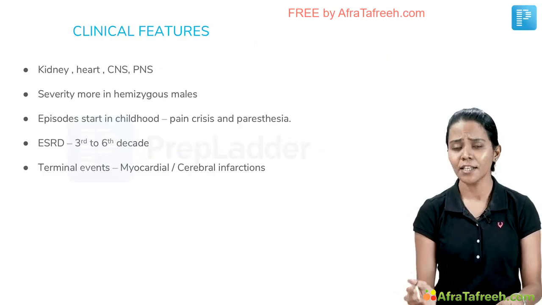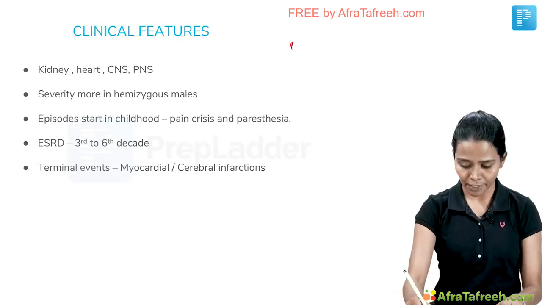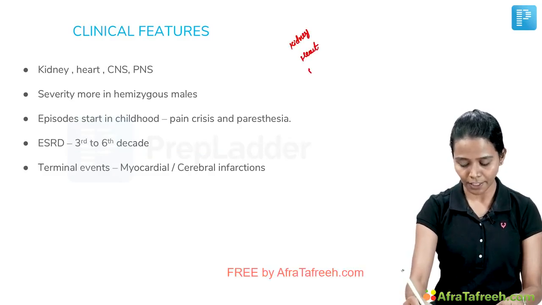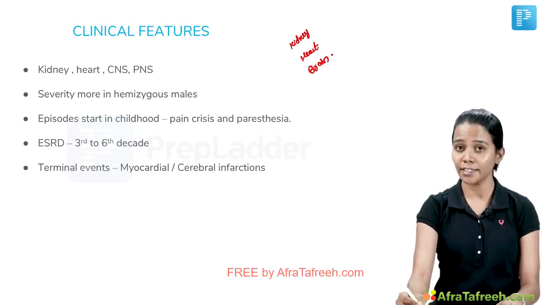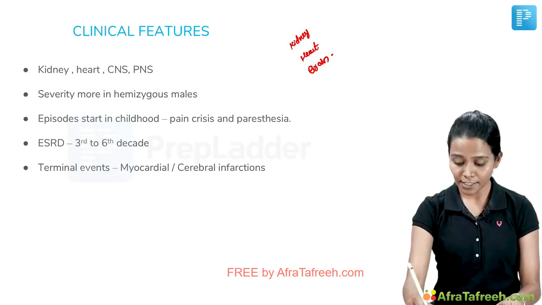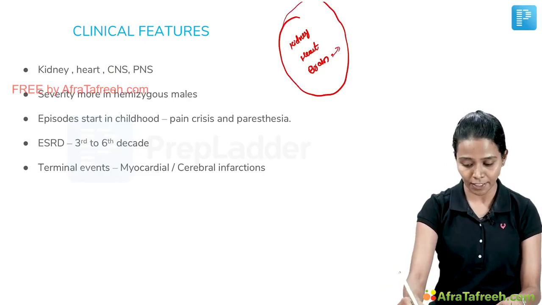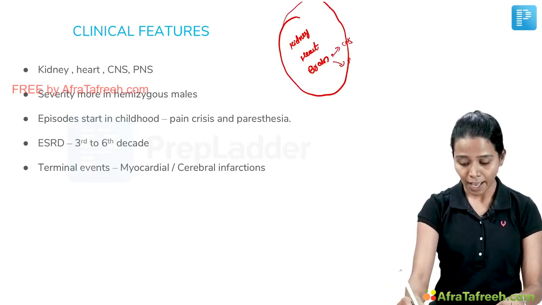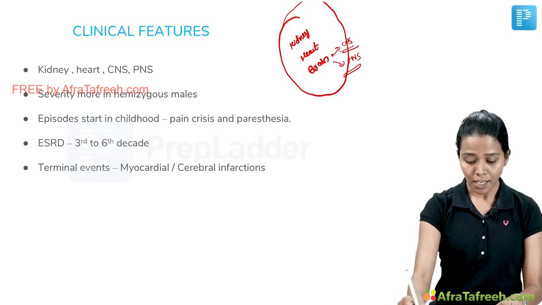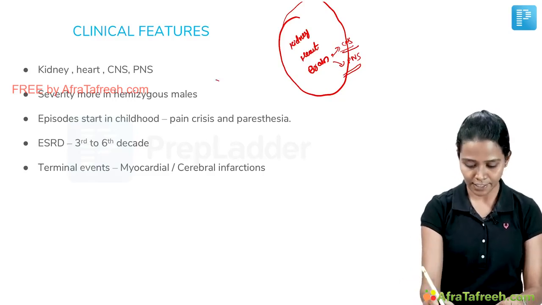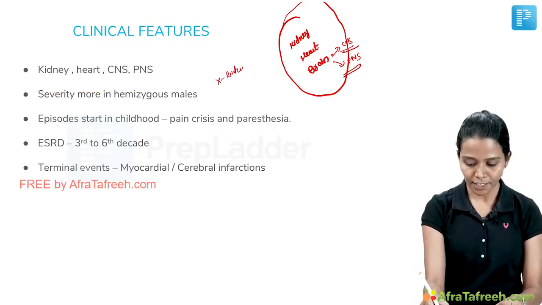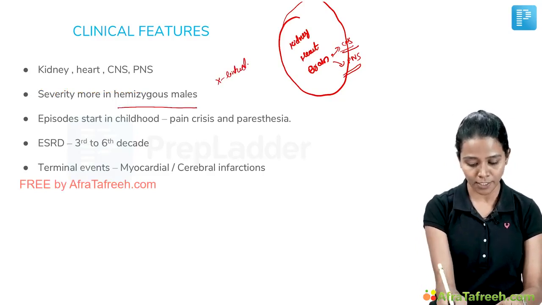Now, clinical features. Clinical features involve mainly the kidney, heart and brain, like how Alport syndrome involved kidney, eyes and ears. These 3 are the organs mainly involved in Fabry's disease. In the brain, it can involve the central nervous system and the peripheral nervous system. Since it is an X-linked disease, the severity is more in hemizygous males.